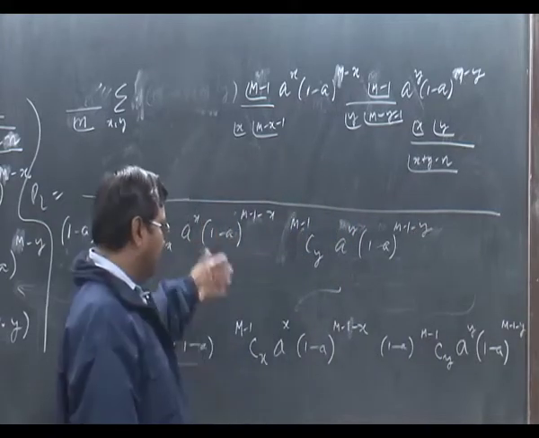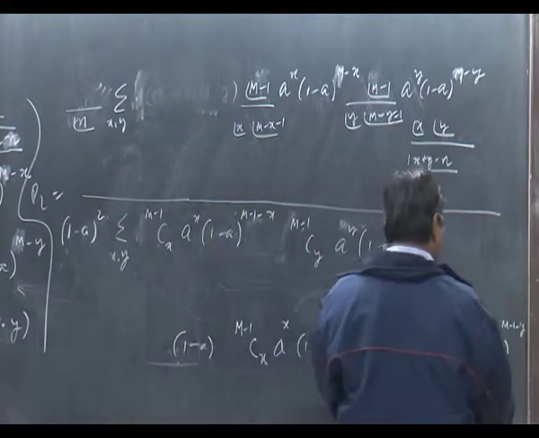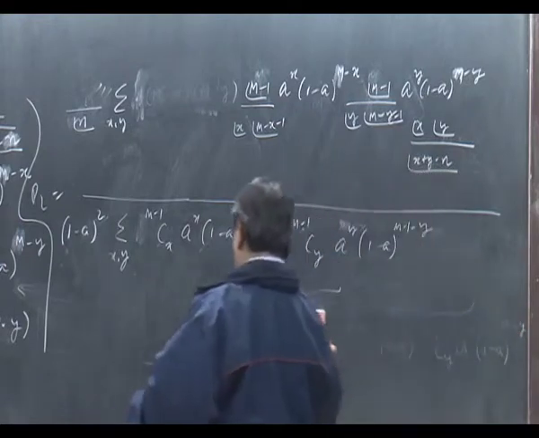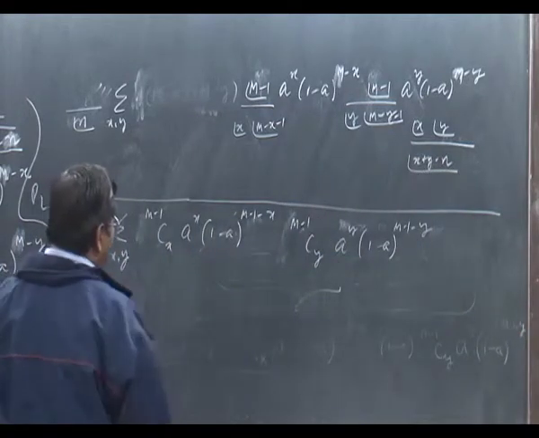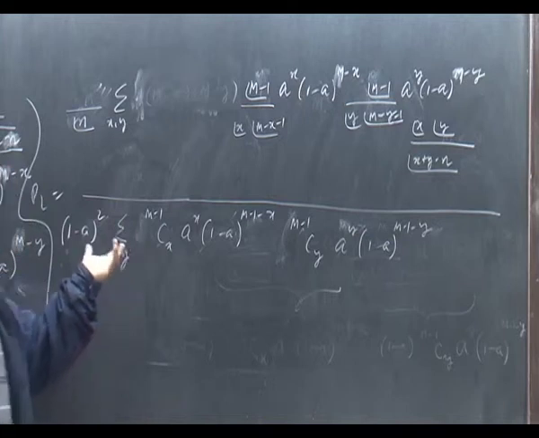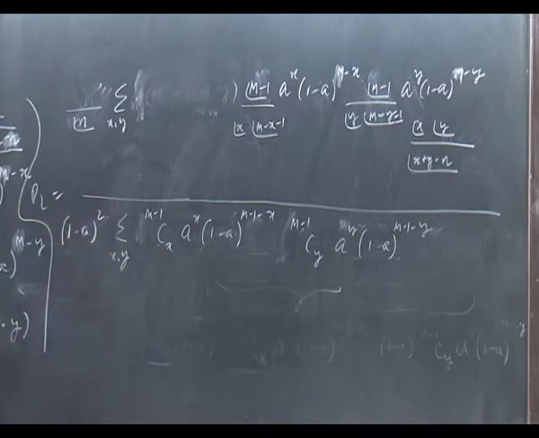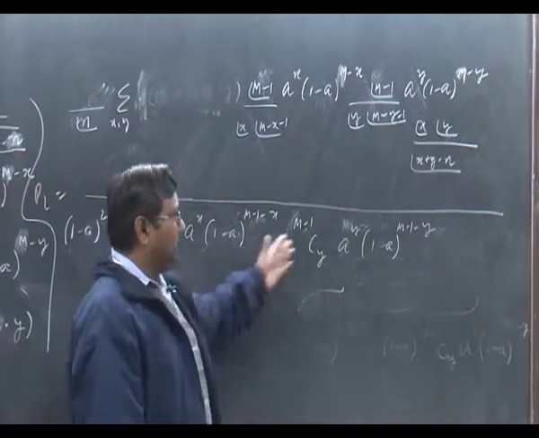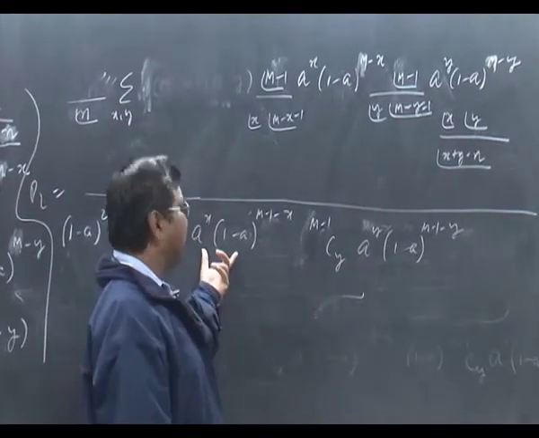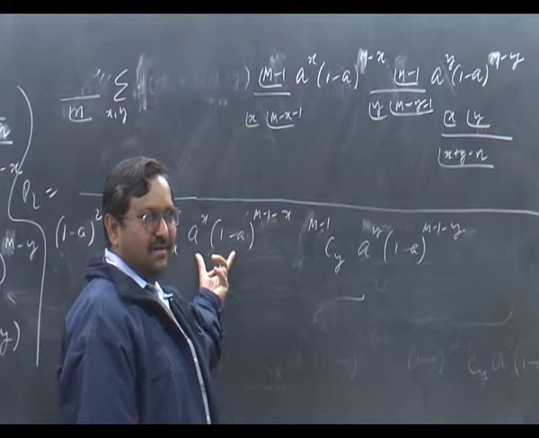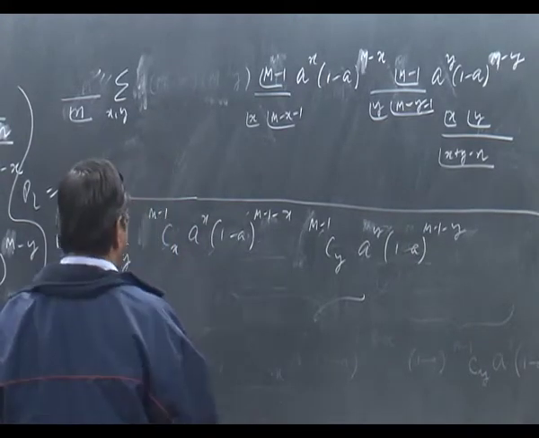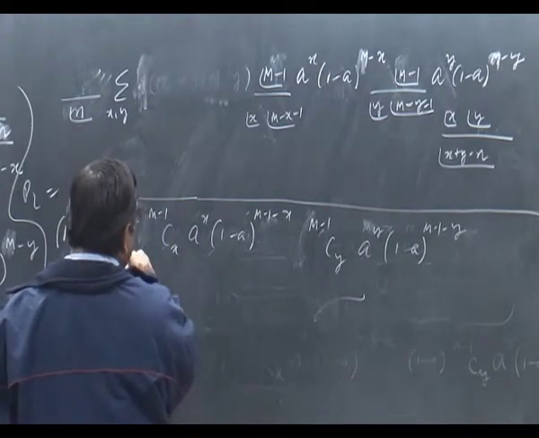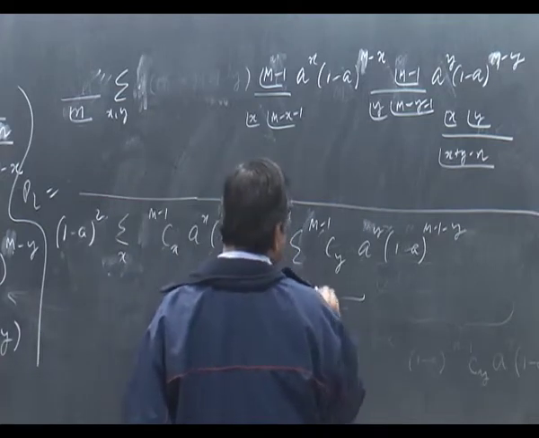X and y both are independent here. And there was earlier one extra term that will actually become 0, obviously, which you can verify. So one term has now been reduced. These two are independent, so it is nothing but a complete binomial. And I can simply write this as summation over x and this as summation over y.